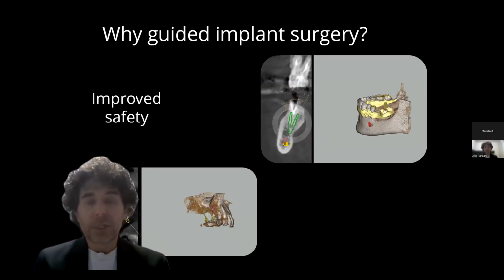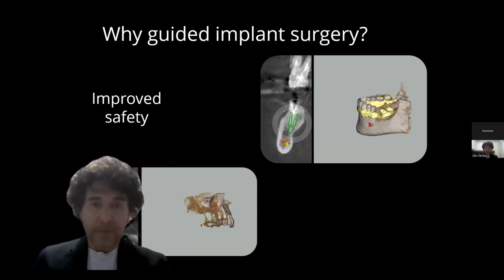Therefore, using guided surgery allows us to assess the distance from the sinus beforehand and safely choose the potential invasion of the sinus itself. So we plan both how much we need to lift our sinus and the type of implant inclination that we're going to perform.